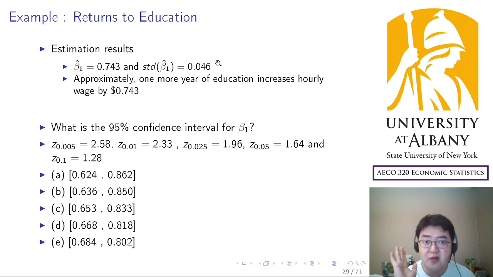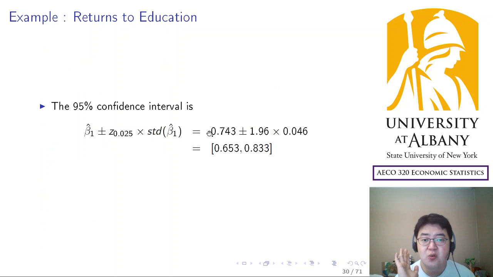So the margin of error is 1.96 times 0.046. If you add and subtract the margin of error to the point estimator, beta 1 hat, then you get these numbers, right?